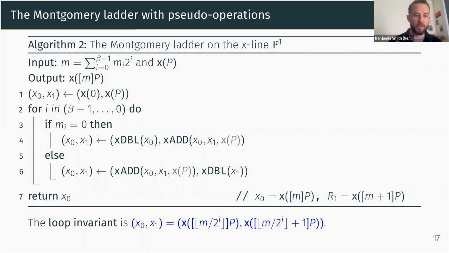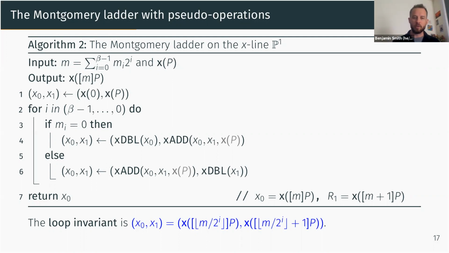Okay. So this is going to give us the x coordinate of M times P, and it's also going to give us the x coordinate of M plus 1 times P as a second optional return value. We're going to return x of M times P because that's what we want. But it turns out that given, just as an aside, given x0 and x1 here, and also given the y coordinate of P, you can work out what the y coordinate of M times P is.